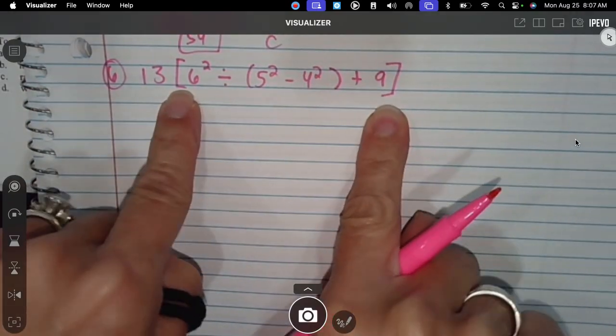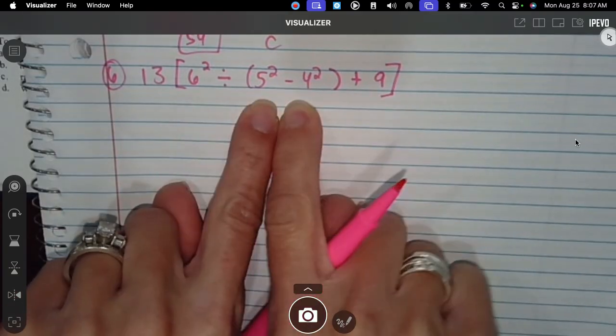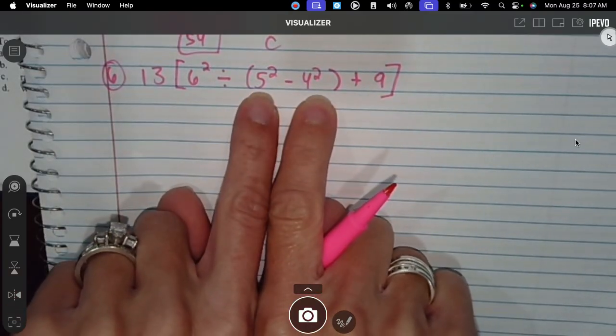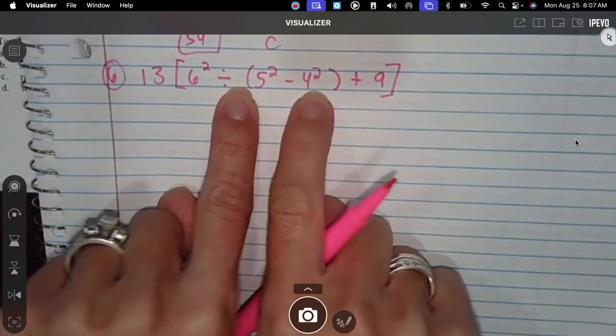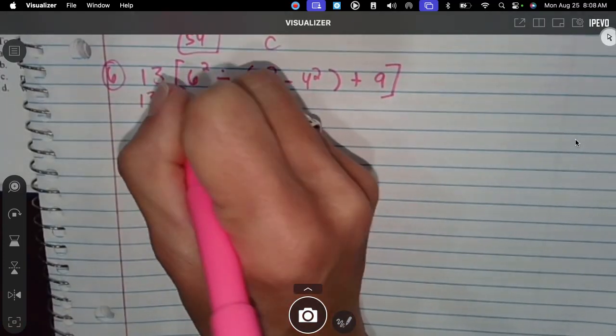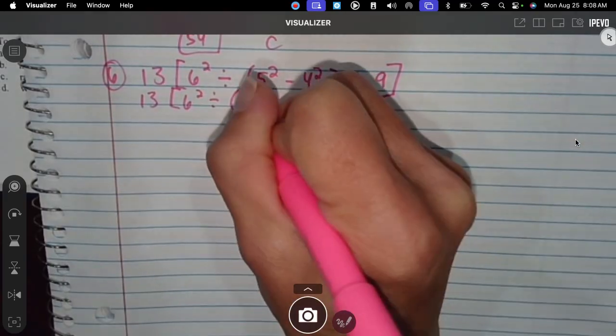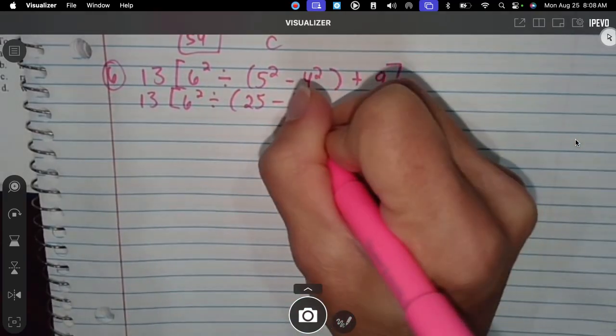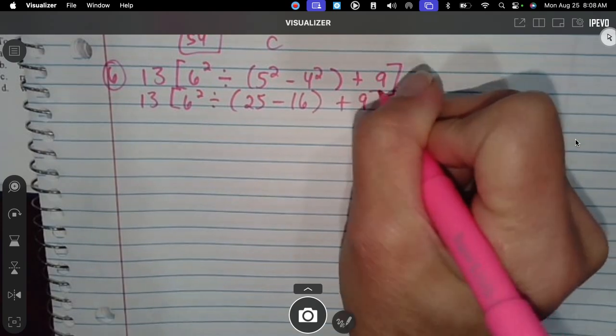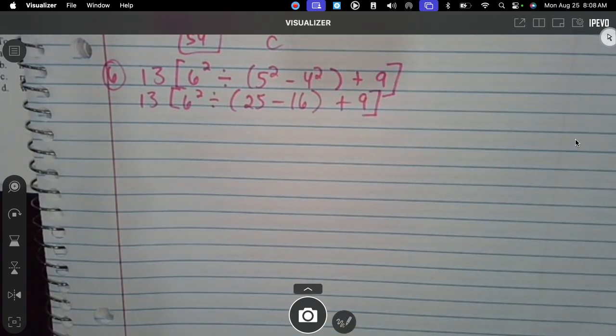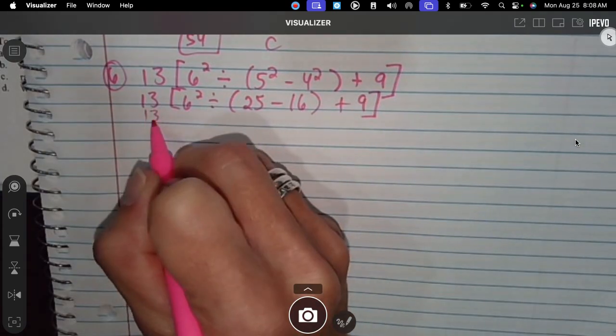These are brackets, also parentheses, but we go to the ones on the inside. So I'm going to do 5 squared and 4 squared. So I'm just going to bring everything else down. What is 5 squared? And then 4 squared. So I did that. I still have to work what's inside those parentheses. What is 25 minus 16?